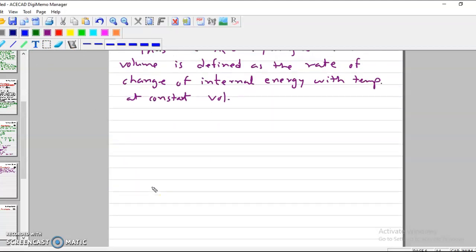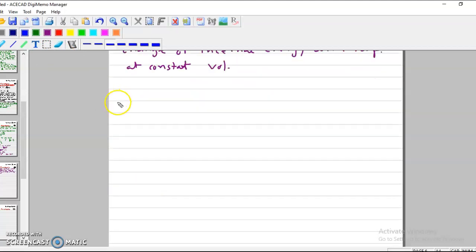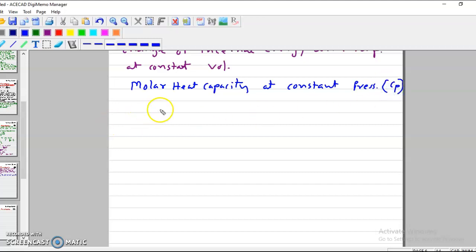Now the second part is heat capacity or molar heat capacity at constant pressure. We call it Cp. So a gas is filled in this cylinder, and if it is heated, P external is constant.